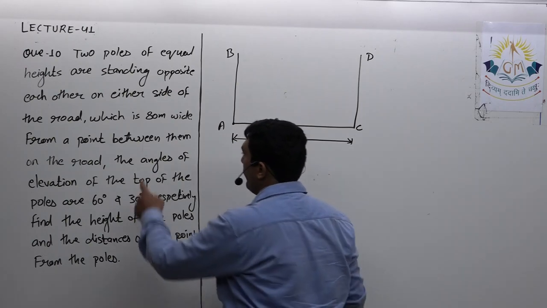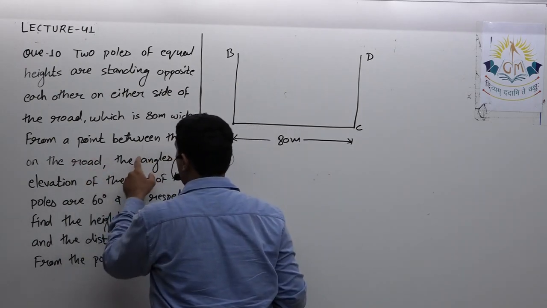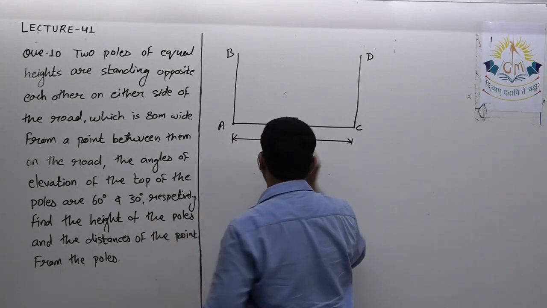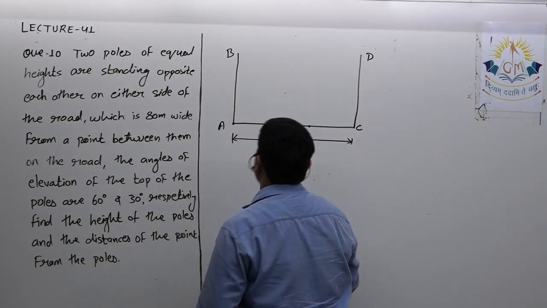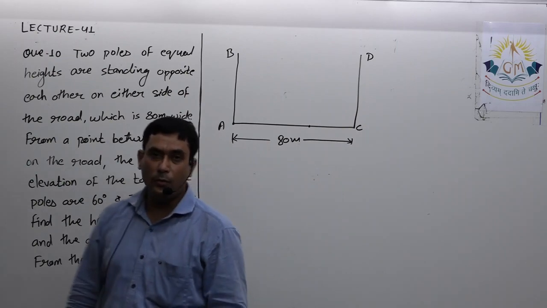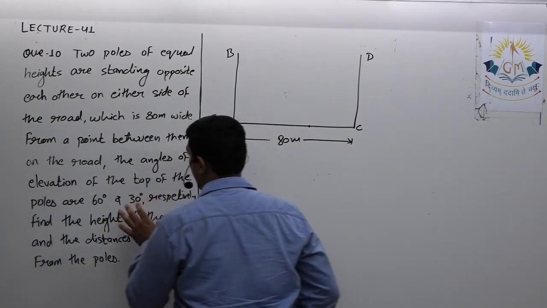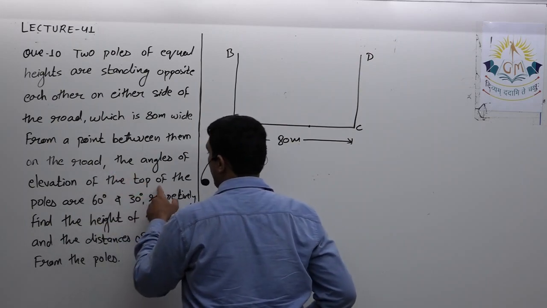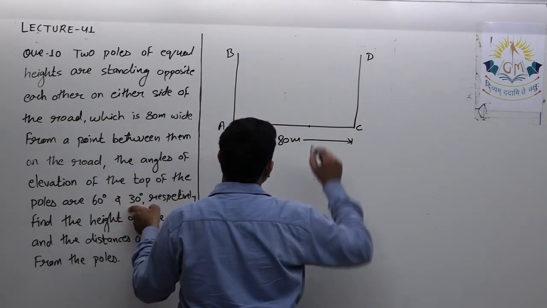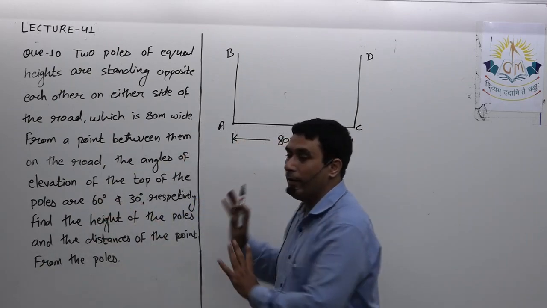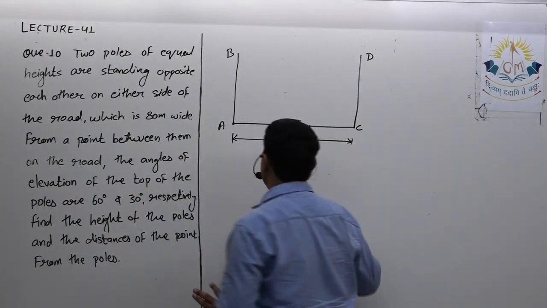From a point between them on the road. Now between them doesn't mean exactly in the middle, it might be the midpoint, but over here it is not given that it is the exact midpoint. The angles of elevation of the top of the poles are 60 and 30 degree. Now this shows that definitely the point is not exactly in the middle.